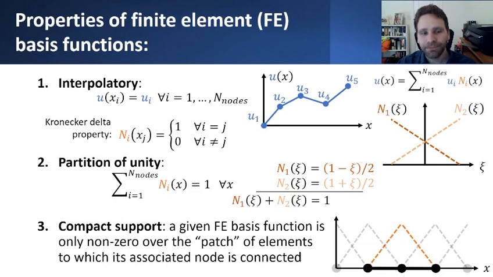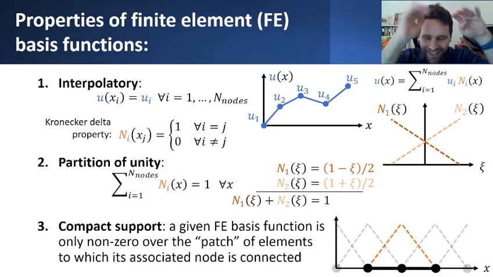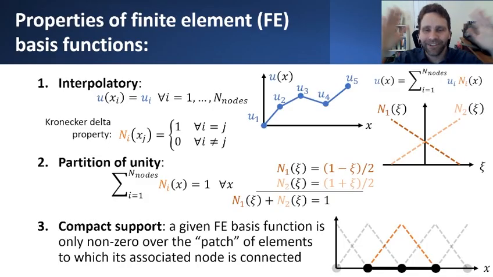And the property of compact support becomes especially important when you're trying to ensure certain other beneficial properties of stiffness matrices. In particular, it's nice if you can ensure that your stiffness matrix isn't dense or isn't filled with values in every single entry of a potentially very large stiffness matrix that you could assemble. It becomes much more difficult to work with and invert stiffness matrices that have non-zero entries throughout the whole thing.